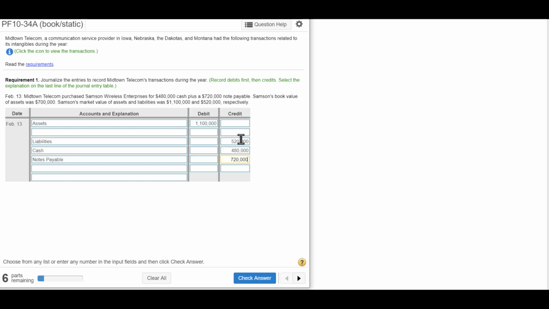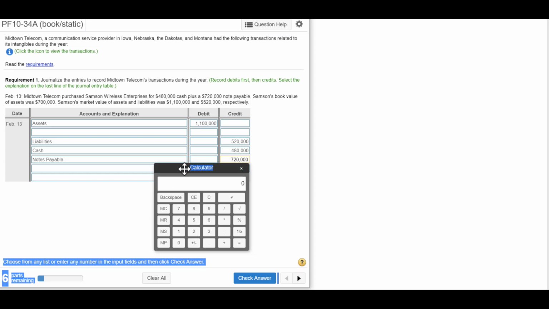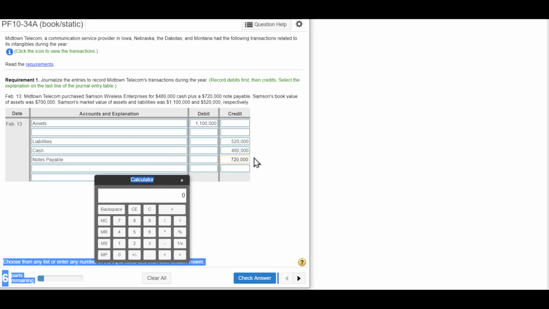So let's do some math and see if our debits equal our credits. I'm going to add up these credits and see what we get. $520,000 plus $480,000 plus $720,000 gives us $1,720,000 for credits, but we only get assets of $1,100,000.